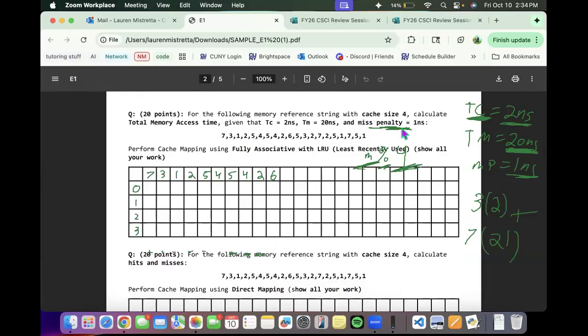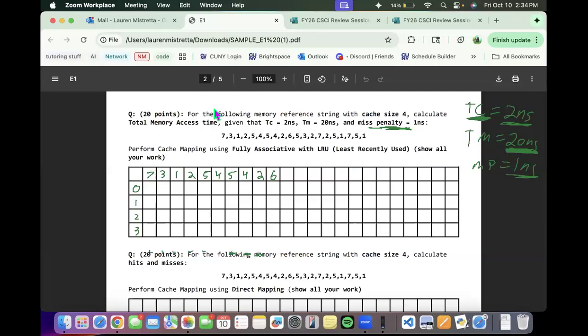So this time we're not doing direct mapping based on the memory address mod 4. We still do have a cache size of 4. So with that being said, right, this time it's going to just be dealing with least recently used.